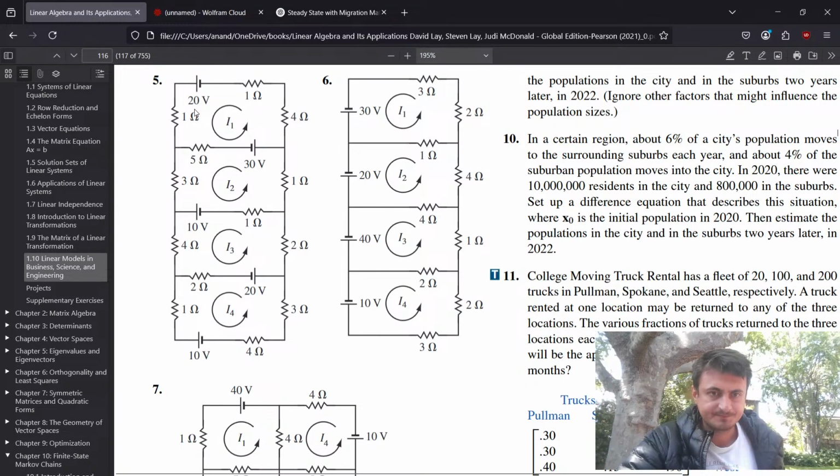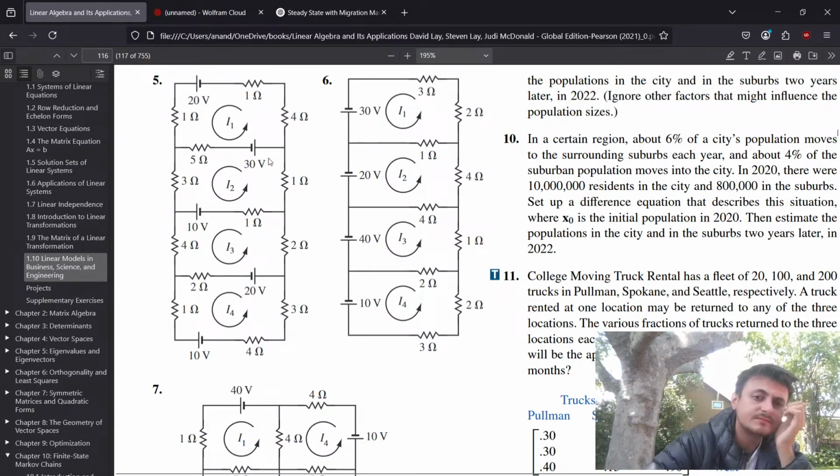So you're going to have 30 volts going through here, right, on this loop, and the current is going to be flowing this way. So I think it's going to be a plus 5I1, right?